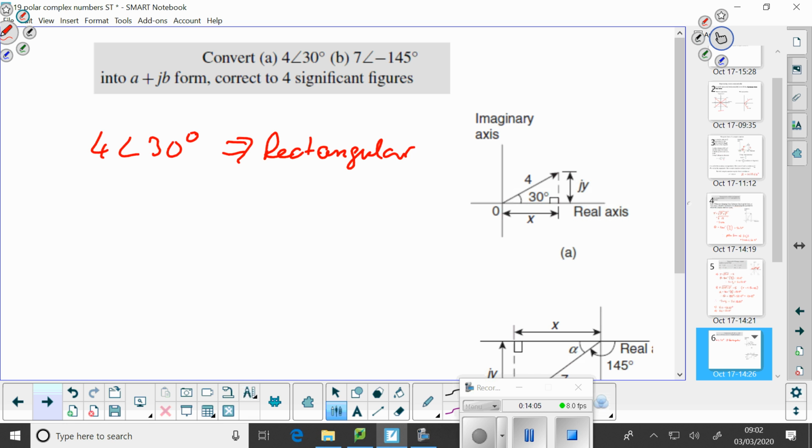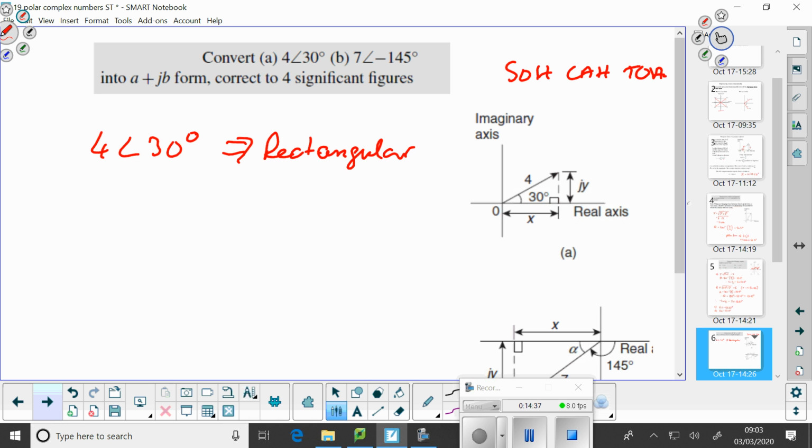Tangent is opposite side over adjacent side. It's not tangent, remember? So which ratio do we need to use to find X for the information we've got? We want to find the adjacent, we've got the angle, and we've got the hypotenuse.